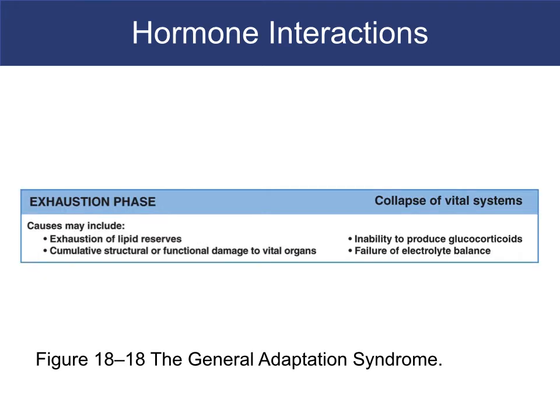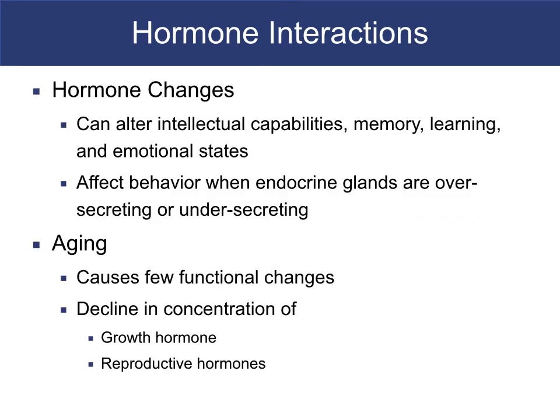And if that doesn't do it, you're going to die. You exhaust your lipids, you use up your fats, you lose a lot of the functional parts of your heart, the muscle starts to give way. You start being unable to produce any more glucocorticoids. You can't control your electrolytes, and you go down the hose and die.